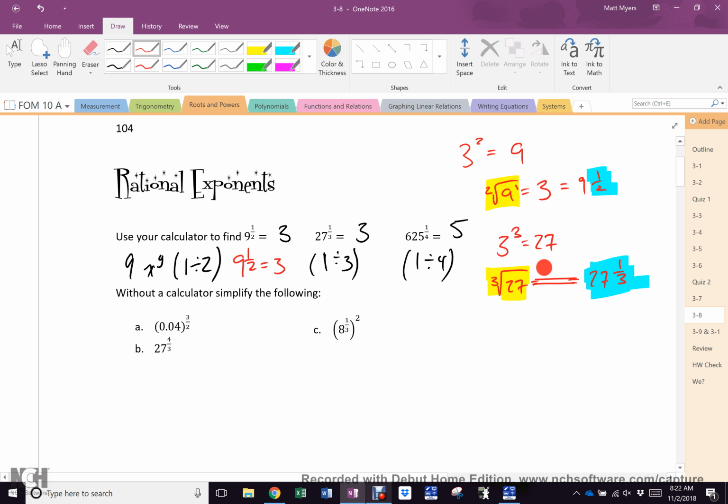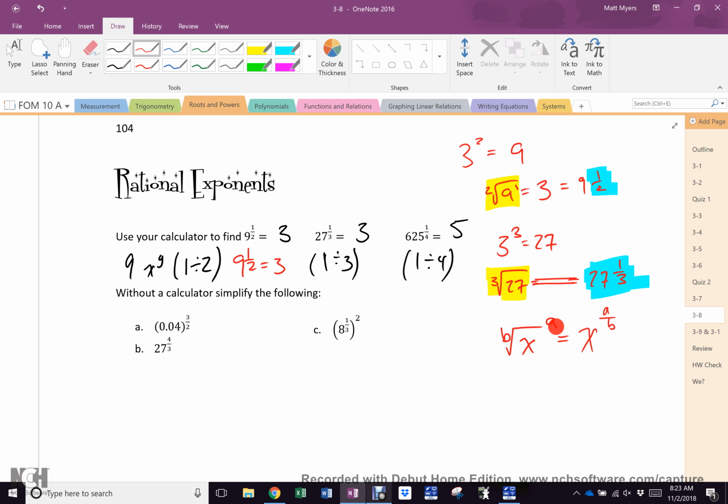So, look at this. Any base to any exponent must be the same as the denominator to the index, the base to the radicand, and the numerator to the power. Does everybody see it?